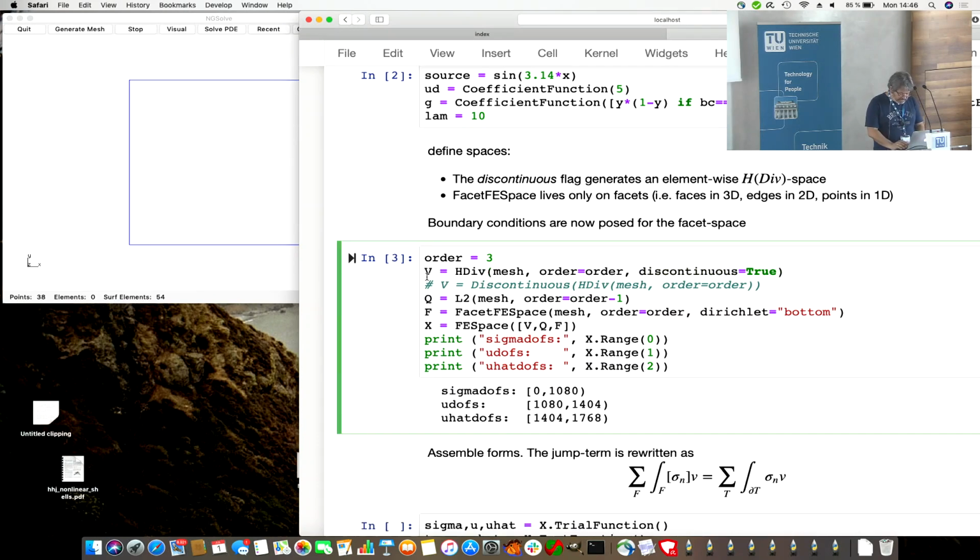Now we have also a discontinuous wrapper, which we can apply to every function space, also to H1 space to make a discontinuous H1 space. Whatever function space you have, apply discontinuous, and it will not have the constraints on the vertices. So it will duplicate the degrees of freedom for every element.